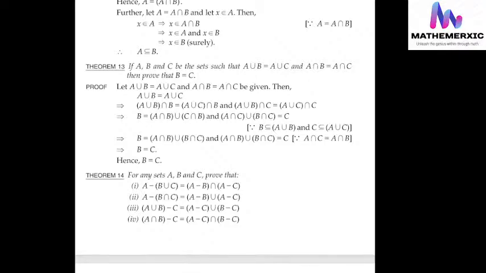Then in that case, A is equal to A intersection B. If A, B, C are sets such that A union B and A union C are equal, and A intersection B and A intersection C are equal, then B will be equal to C.